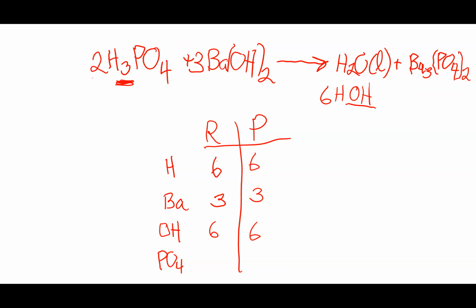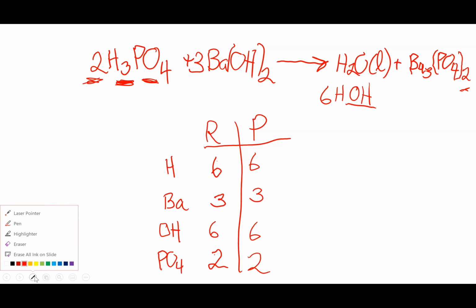Finally, with 2 phosphoric acids, that means I also have 2 phosphates. And if we look over at our product side, we've got 2 phosphates over there. So we have a balanced equation. So these tables help us track through our atoms and our polyatomic ions and making sure that nothing is forgotten during the course of a reaction. So that's how to balance an overall chemical equation.